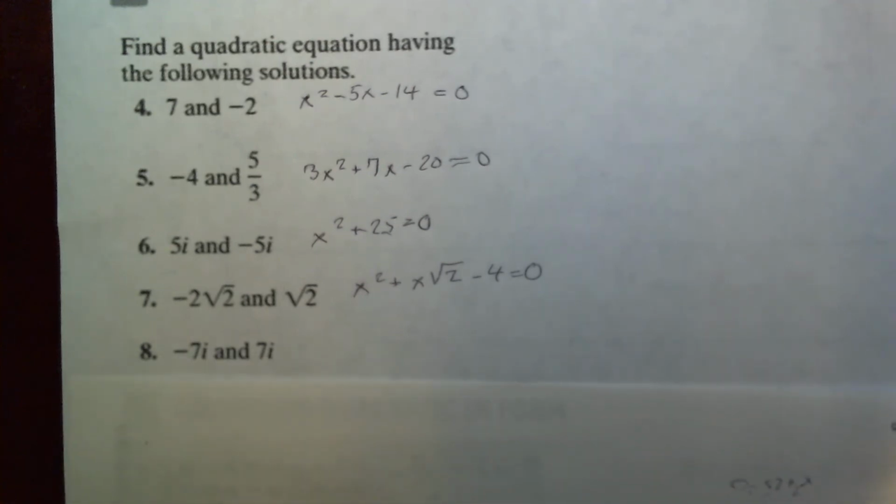And then for number 8, we have x equals minus 7i, and x equals 7i. So then that gives us x plus 7i equals 0, and x minus 7i equals 0.